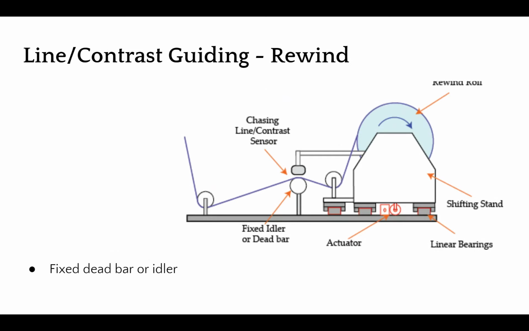In a winder application where the entire winder is on a shifting base, where is the idler sensor placement in the machine? At the winder inlet idler, or further downstream, or close to the actual winding location? Okay, so that's a great question.